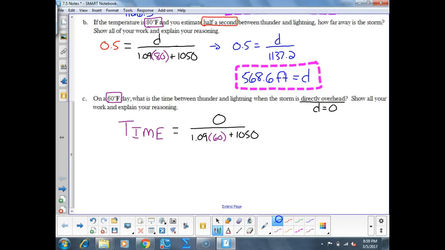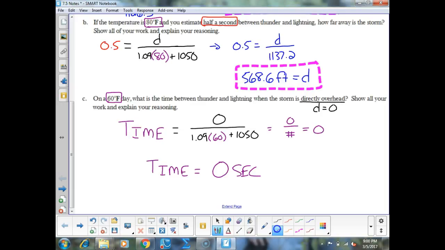I could do all that math, but if the storm is directly over the top of my head, the time from flash to bang is going to be 0 seconds, because 0 divided by some number is 0. So it's flash and bang all at the same time.